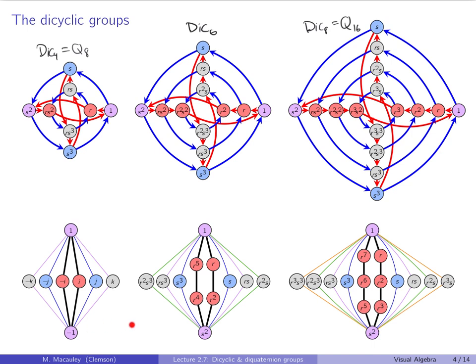So down here are the cycle graphs of these three groups, and what I want you to notice is in the quaternion group, all 6 of these elements have order 4. So there's a red 4 cycle, a blue 4 cycle, and then this orbit of size 4 generated by K. But then for dic6, what happens is we replace this red cycle of the 4th roots of unity with a 6-cycle consisting of the 6 roots of unity.